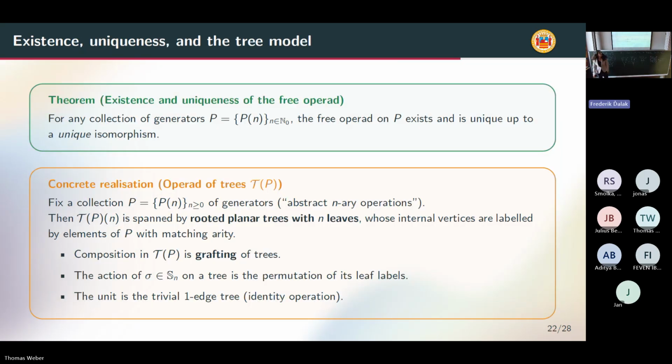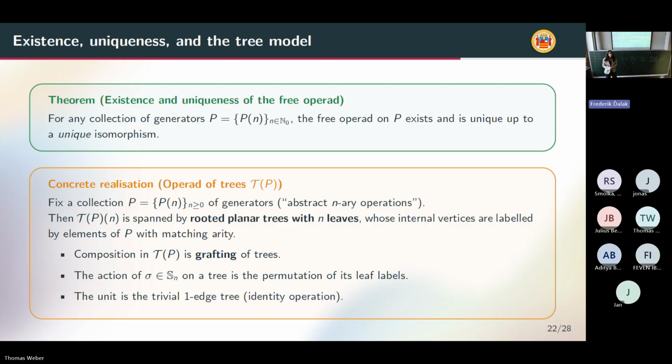And the nice thing is that the pre-operad exists, and it is also unique, up to a unique isomorphism. But I think the better thing is that it is not an abstract object. It is a concrete object because a model for the pre-operad is the operad of decorated trees.